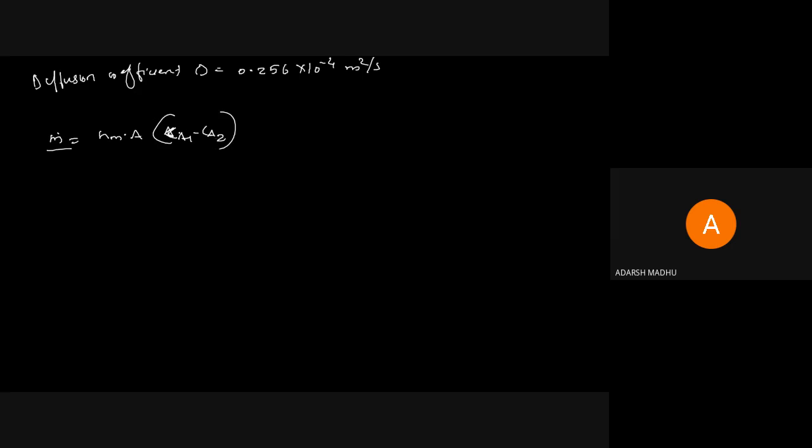So here you want to find the value of HM first. Area is given as 1 meter square. CA1 and CA2 also we want to find out. So first you want to find out the HM value.